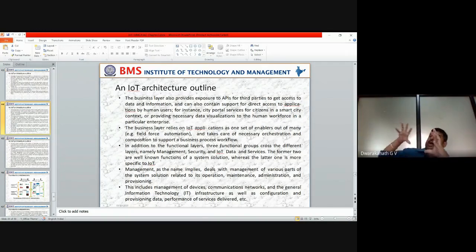I have made one IoT project, for example, assume an air pollution project we did.